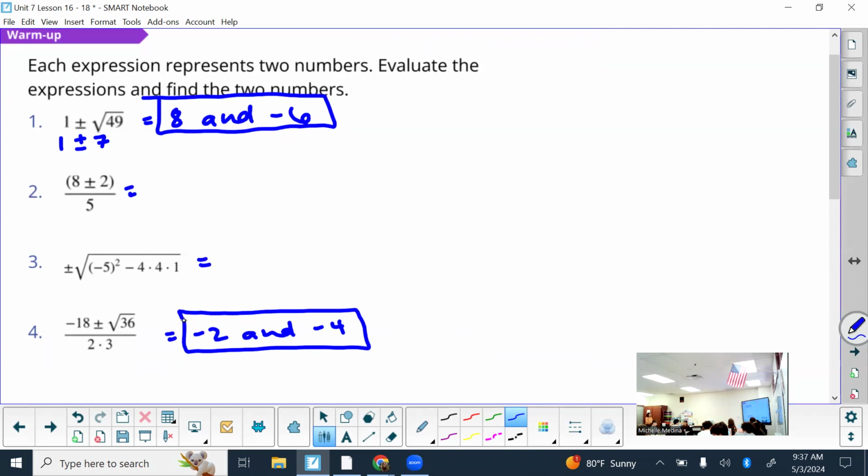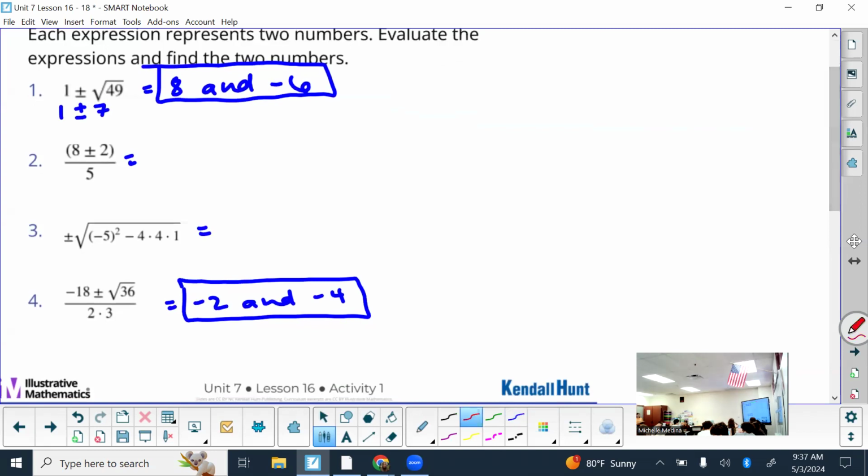When something is in fraction form, you have to simplify the entire numerator and the entire denominator before dividing them together. So that's almost like its own grouping symbol, even though they didn't put it in that. That's a grouping symbol that you have to work out first. So in my numerator, I have -18 plus or minus. What's the square root of 36? Okay, good.